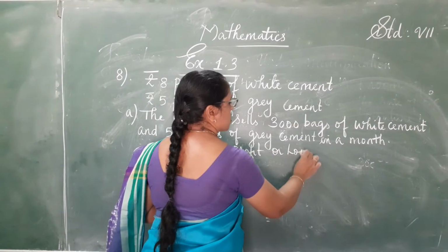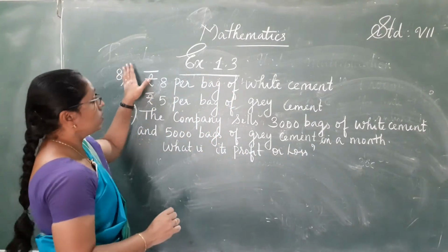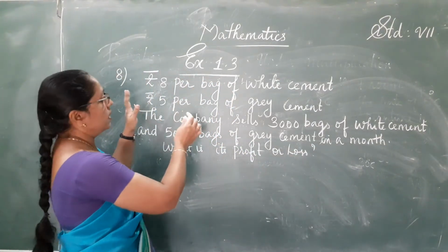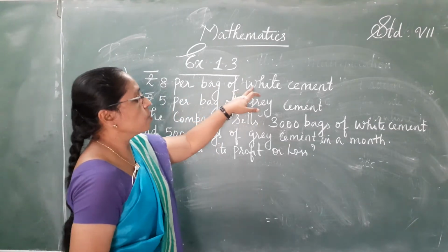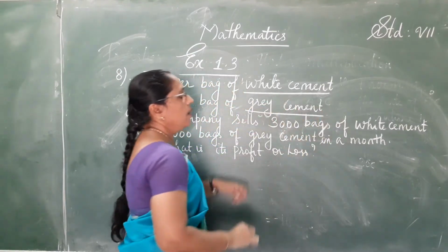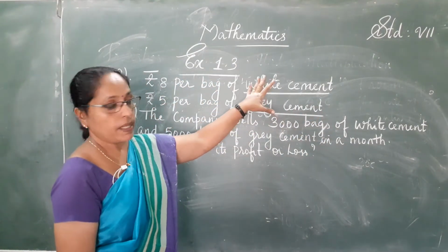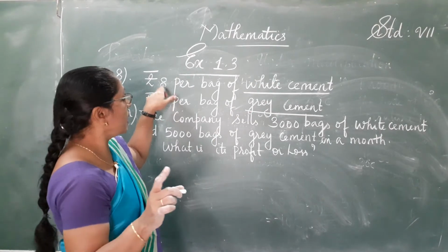Okay. So the question, in the beginning I have not written the question, I have written the details. There are two types of cement the company is selling. One is white cement, another is grey cement. By selling white cement, per bag he is making a profit of rupees 8.